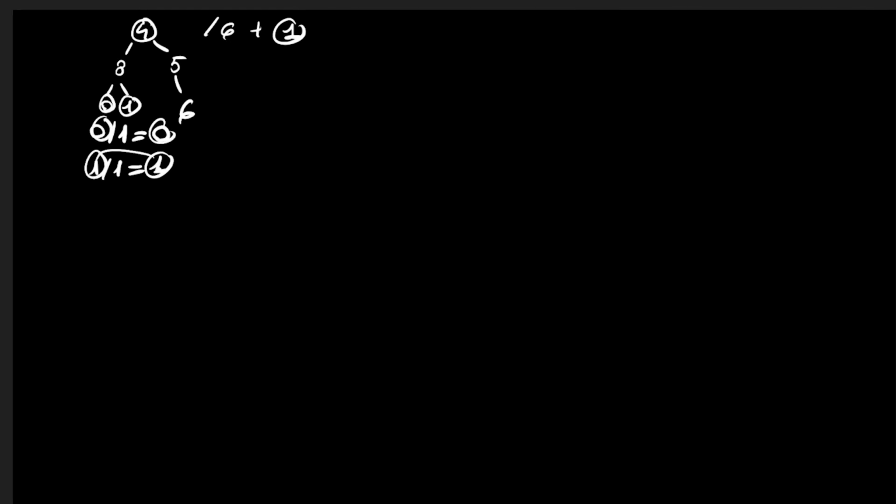Okay, but for 8 we have 8 plus 0 because it's a child, and plus 1 that is another child. This will be 9 divided by 3, which is equal to 3. So this cannot count.